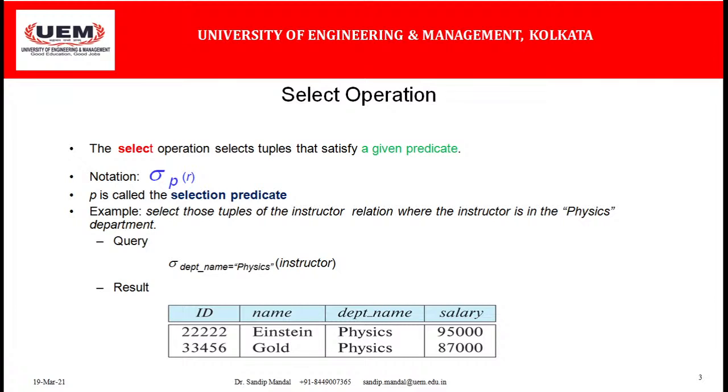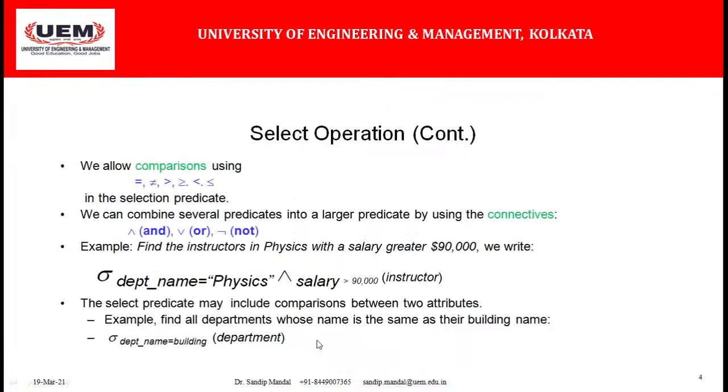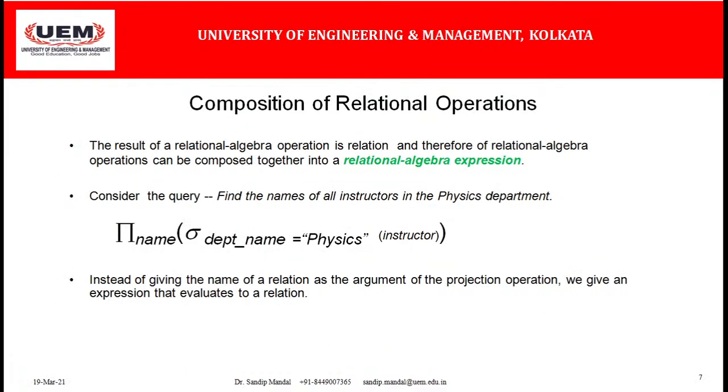From these rows you have to find the name of the instructor only, that is Einstein and Gold. Using the project operation on the attribute name, you show the result. That is the composition of relational operations.